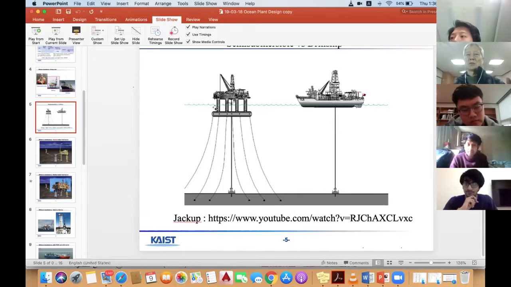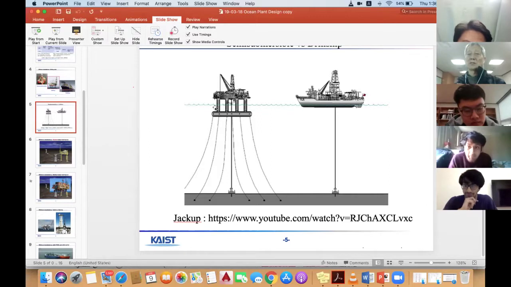So the function of the mooring line is position keeping. But at the right-hand side, there is no mooring line. This type of ship has a very expensive device called dynamic positioning.